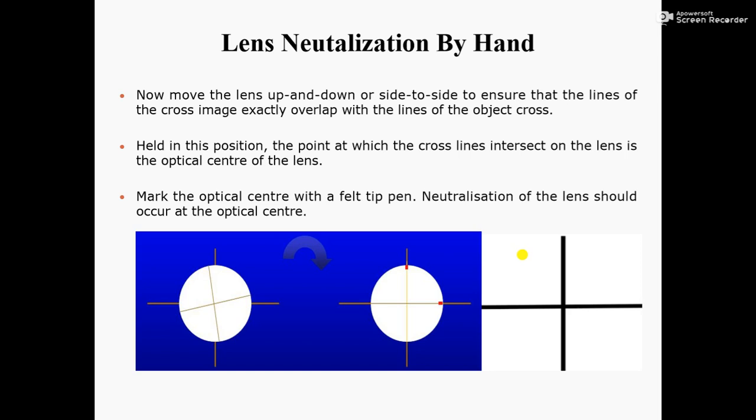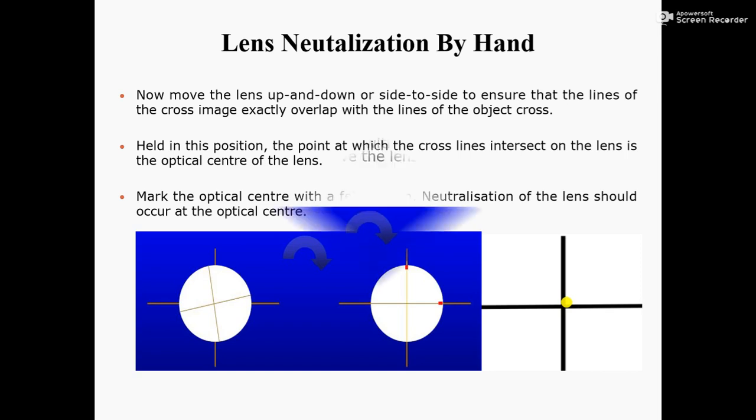After that, hold the position where both cross lines intersect on the lens. Yeah, this point is the optical center. Mark it there with a removable marker.